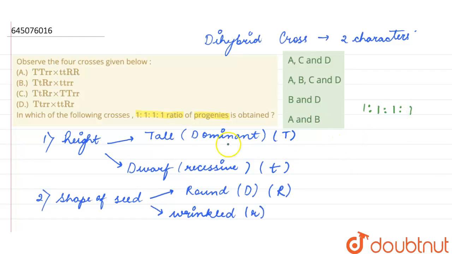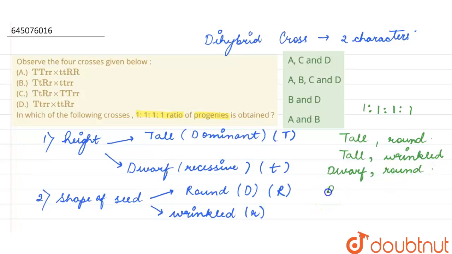We will have this ratio when all four phenotypes are shown in the progenies in equal amounts: tall plant and round seed, tall plant and wrinkled seed, dwarf plant and round seed, and dwarf plant and wrinkled seed.